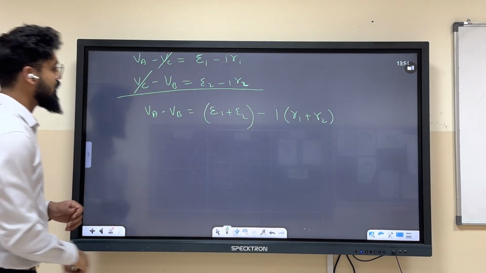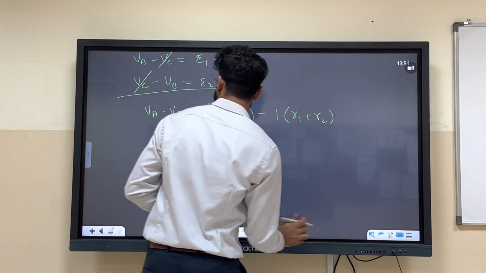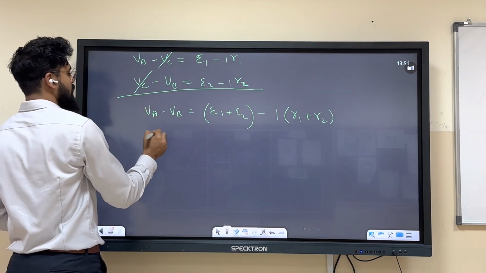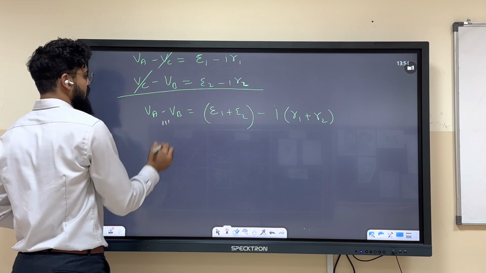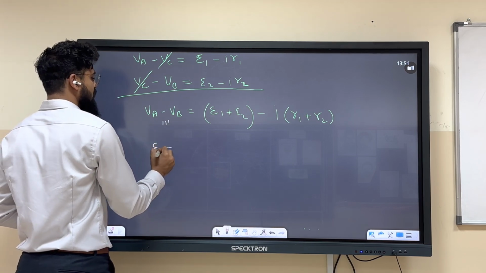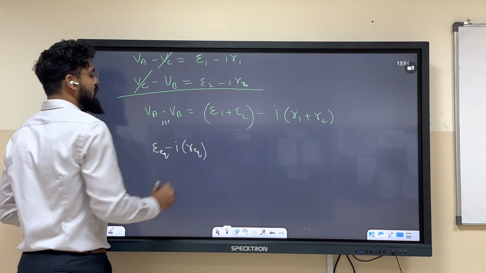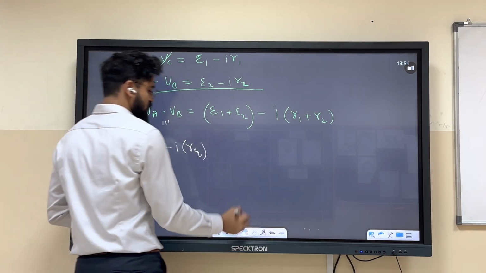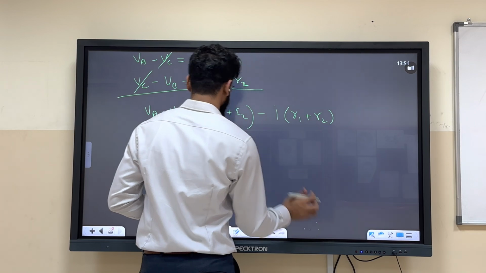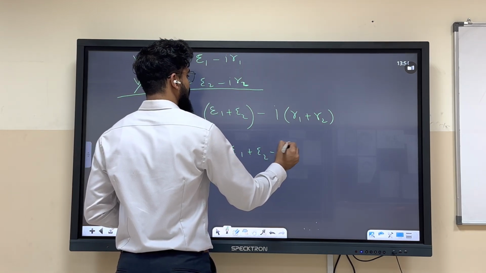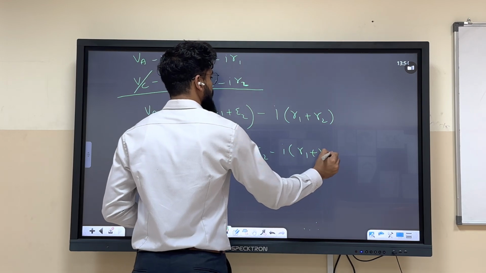Correct? Okay. So from here, if we write this whole equation as E equivalent minus I R equivalent, it will be written as E1 plus E2 minus I(R1 plus R2).